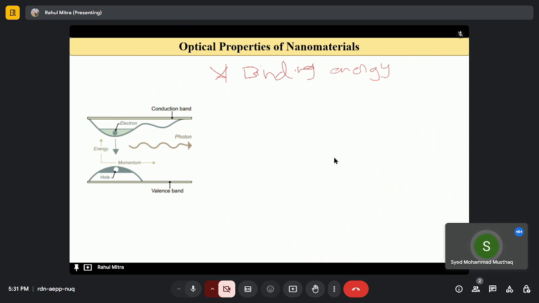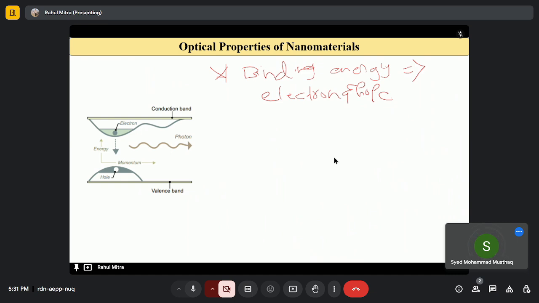The binding energy is an element which binds the electron and hole, right? Which binds the electron and hole.